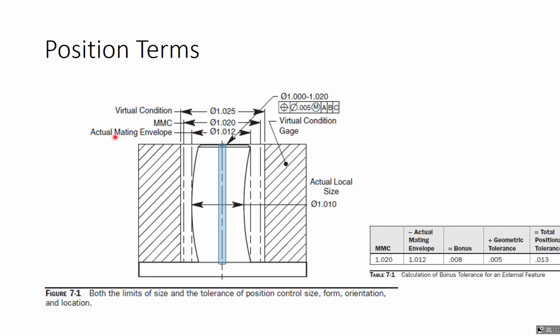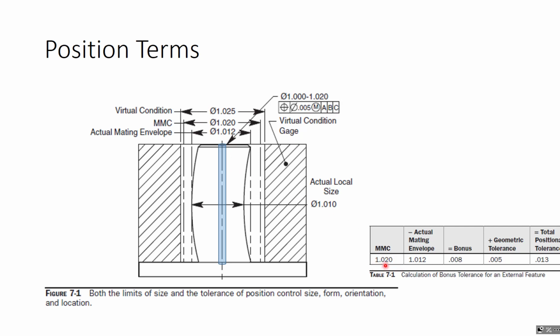So the actual mating envelope is the size of the hole that this peg would be able to fit through. So the size of the hole that this peg would be able to fit through is 1.012. This is physically off of this single specimen.